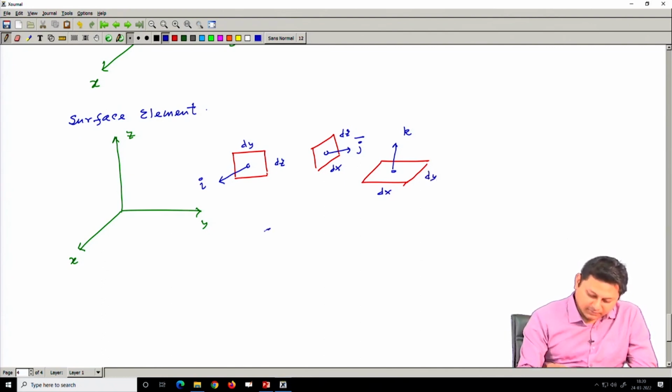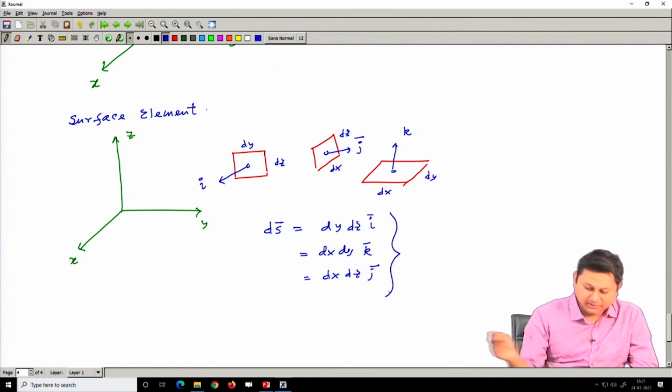So my surface element dS is dy dz i, or dx dy k, or dx dz j. These are the differential surfaces.